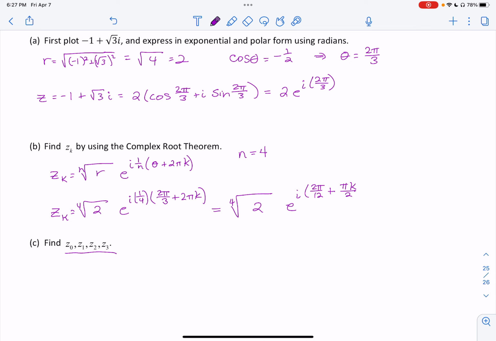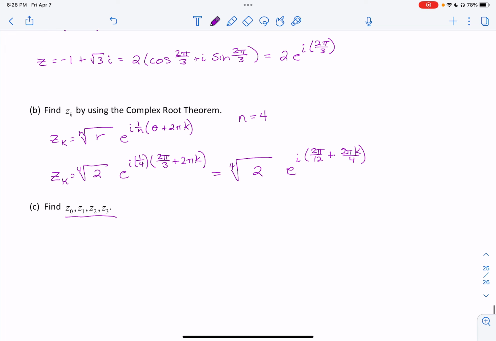Actually, I'm going to leave the 2 pi k up there. I'm changing my mind here. So I'm going to leave it as 2 pi k over 4. I'm going to get a common denominator up here because otherwise this is going to be a pain to deal with as we get these roots. So I'm going to do one more step. This is equal to the fourth root of 2, e to the i, 2 pi plus 6 pi, right?